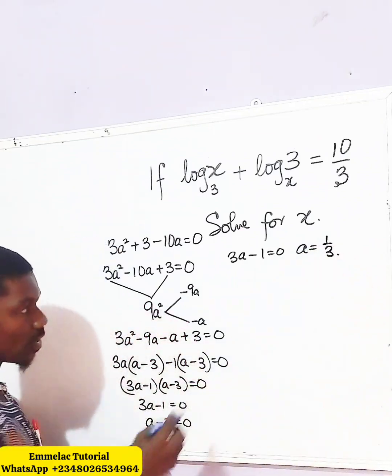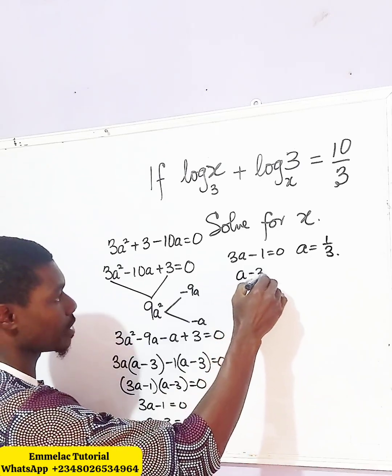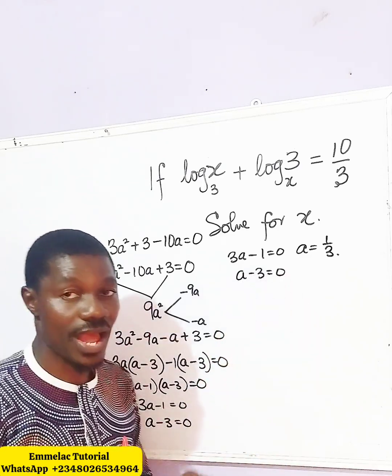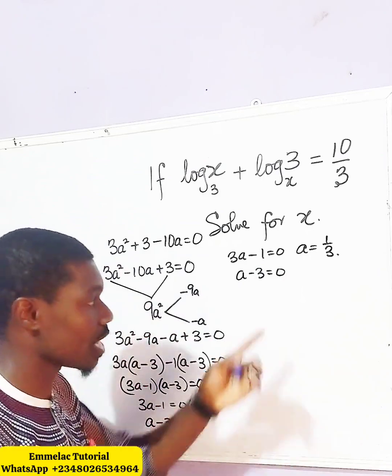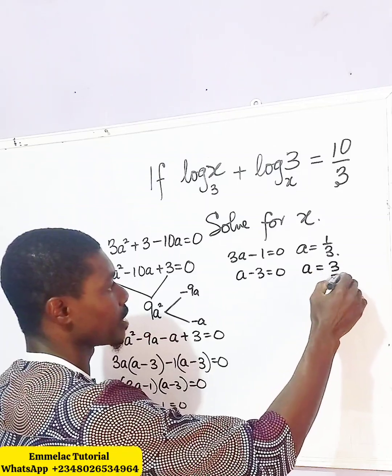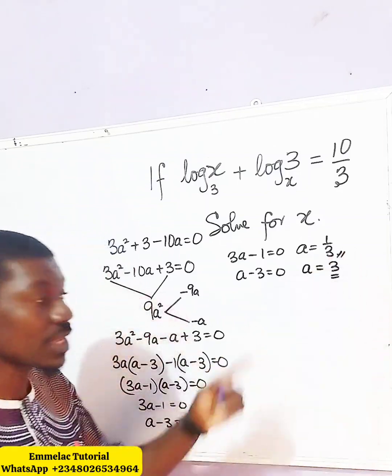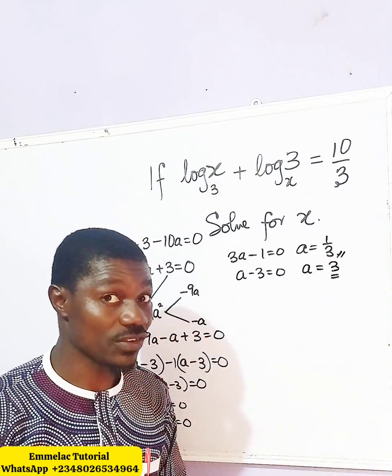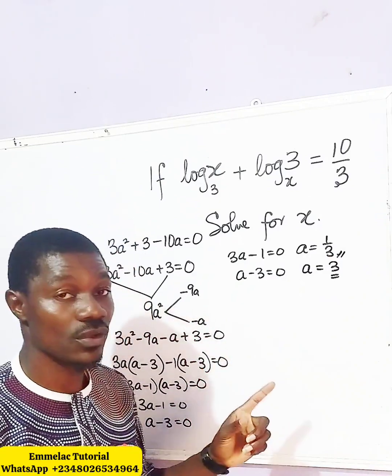For the second one, a minus 3 equals 0, when we add 3 to both sides of this equation, a becomes 3.